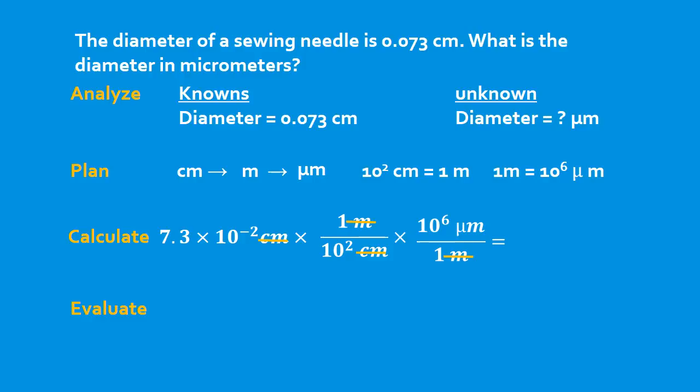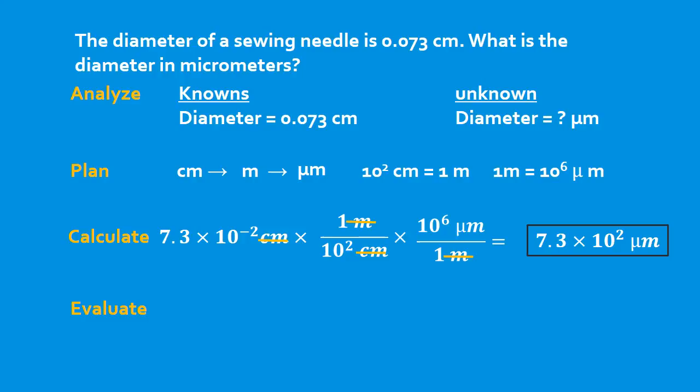We have 7.3 as our coefficient, and then we have 10 to the negative 2 times 10 to the 6 divided by 10 to the 2. Remember, when we multiply numbers in scientific notation, we add the exponents, so that's 6 plus negative 2 is 4. And then when we divide, we subtract, so that's 4 minus 2. So that's 7.3 by 10 to the 2 micrometers.